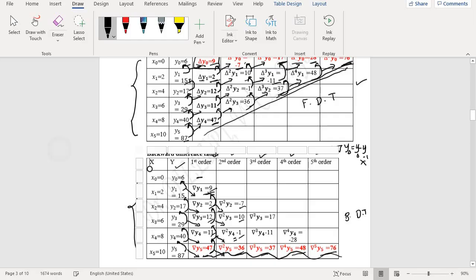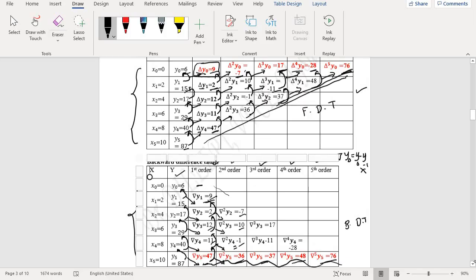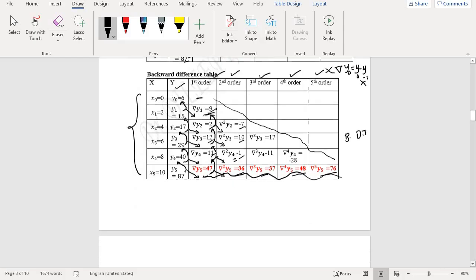And observe the first values 9, minus 7, 17, minus 28 and 76. Same here 9, minus 7, 17, minus 28, 76. There is no difference. So sometimes we may need to construct both, but construct any one, forward or backward table. Preference is given to the forward difference table. So this is the procedure of construction of forward difference table. Now using this, we'll discuss some important problems.